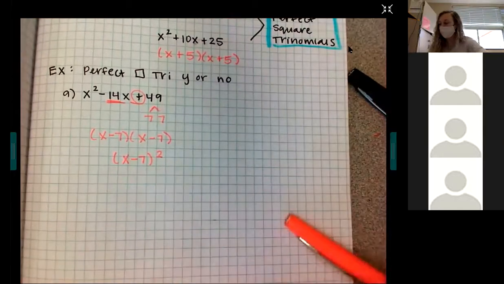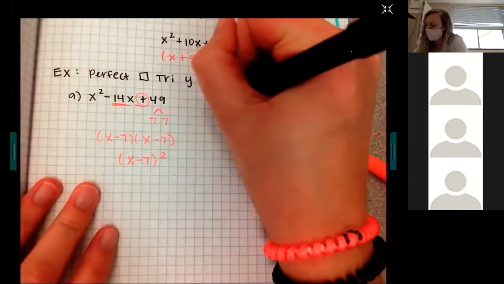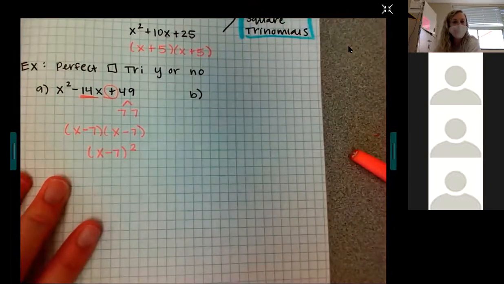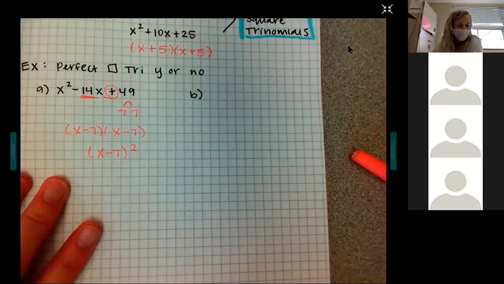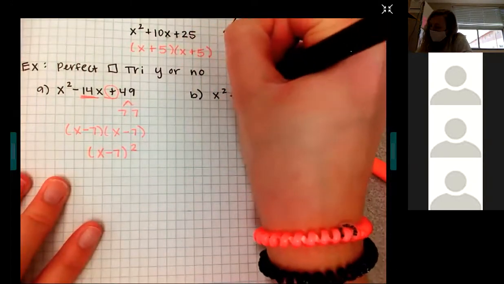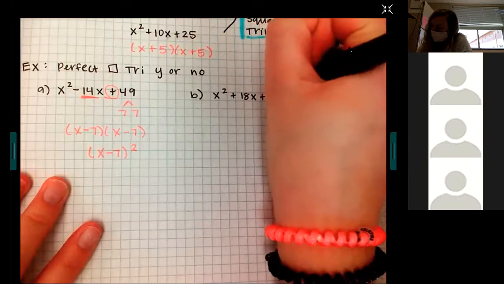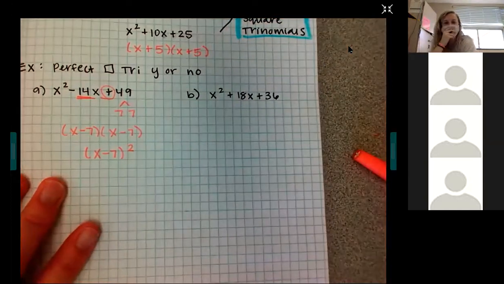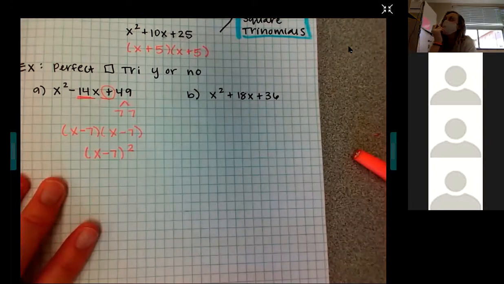Some of y'all are like, okay, this ain't too bad. Let's do one more of these, and then I'm going to do something else, and then we'll do a couple completing the square examples. X squared plus 18x plus 36.